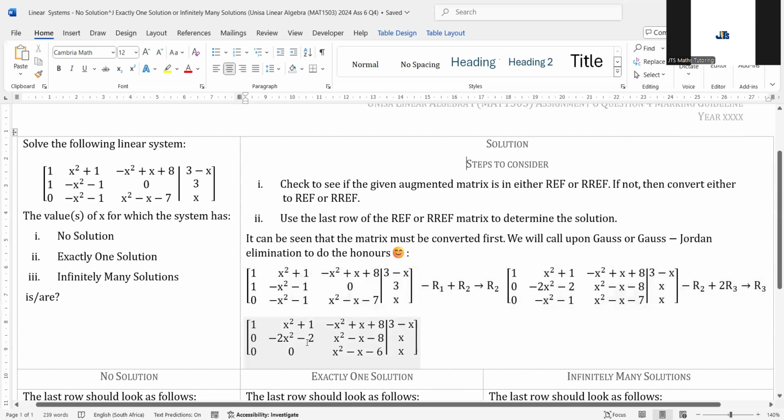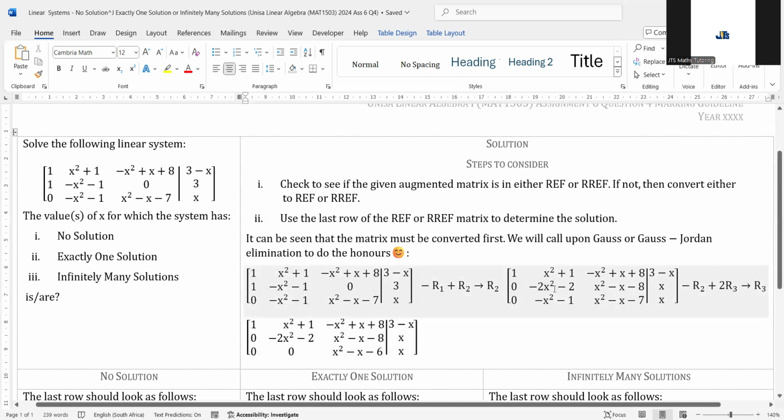Our next thing is that for it to be in row echelon form, which means you're actually converting it to upper triangular form, we just need to have a 0 right here. And once we have the 0 right there, boom, we can do whatever we want to do now. There's no need for us to go all the way. All right, beautiful. So minus row 2 plus 2 row 3 to give us a new row 3. Okay, minus 1 here by 0 is going to give us a 0. 0 plus 0, boom, you're going to have exactly what we have right here.